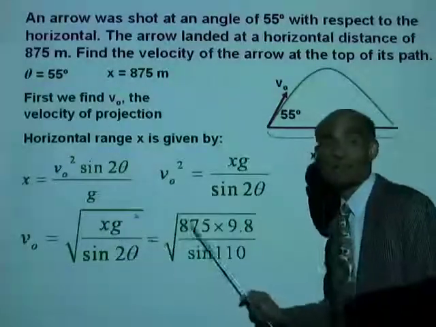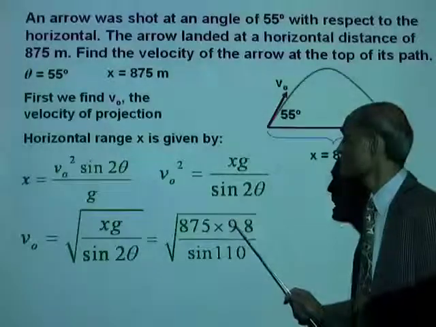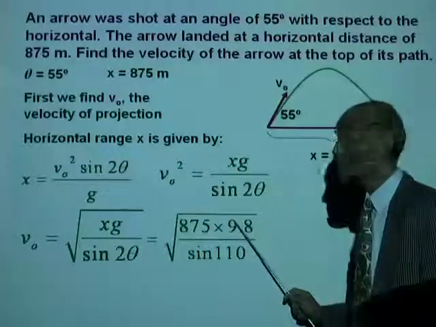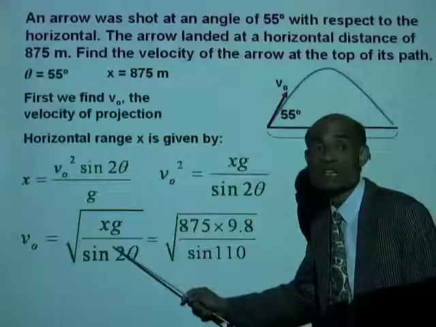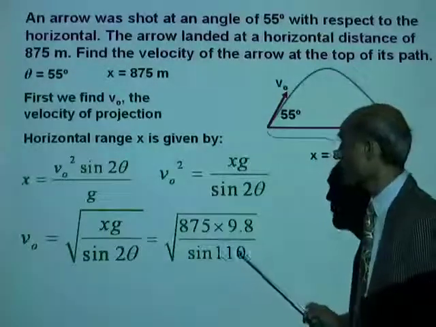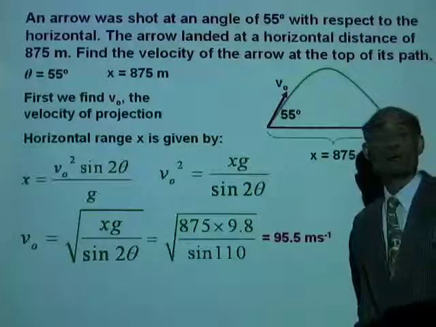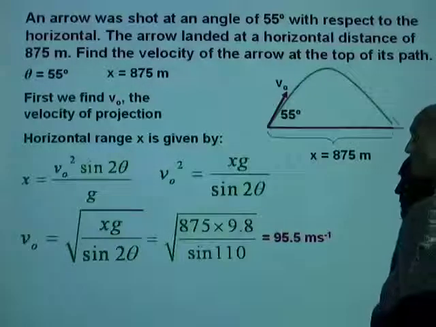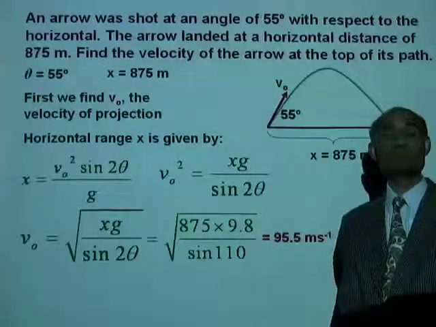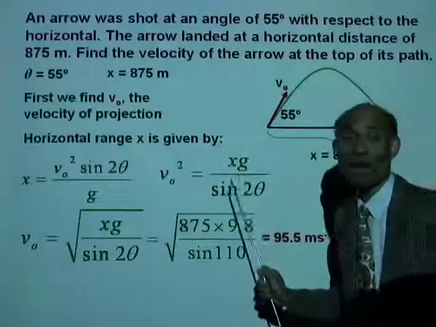And now x equal to 875 meter, G is 9.8 meter per second squared, and theta is 55 degrees, 2 theta is 110 degrees, and that gives you the velocity of projection is 95.5 meter per second. And you must be able to now do this problem on your own.